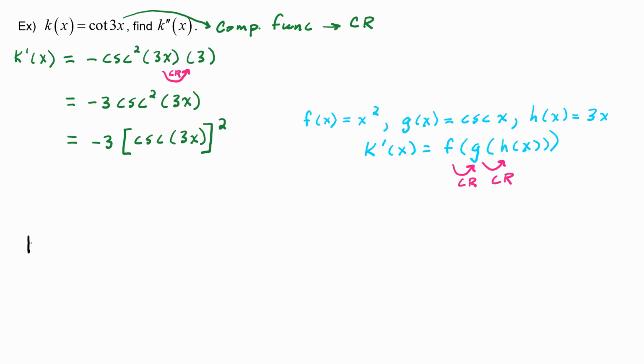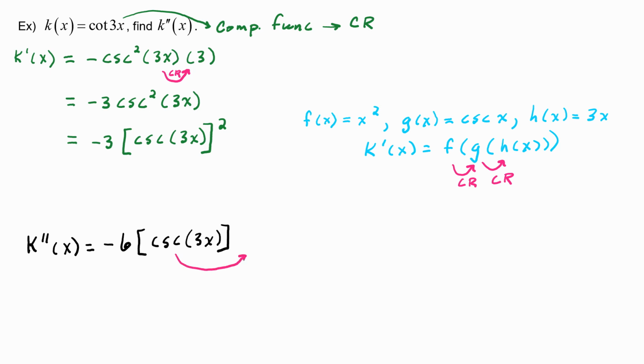Now, to find k double prime of x, we want to think of k prime as negative 3 times some stuff squared. So then that derivative is going to be negative 6 times the stuff, which is cosecant 3x, to the first power, because we had to take 2 and decrease it by 1.